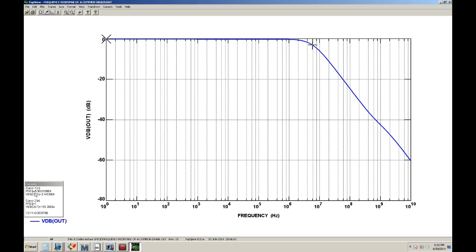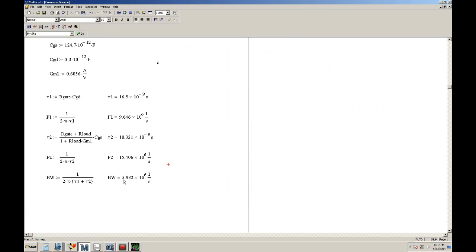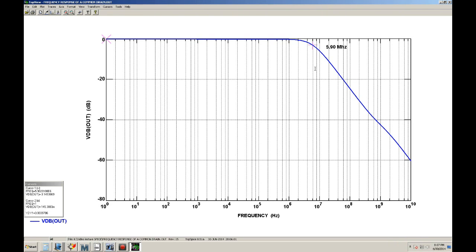And if you look in here, it says 5.90 megahertz. Okay, which should agree, or at least it's very close. The open time constant predicts 5.9 megahertz. SPICE says that it's 5.90 megahertz, which is pretty good agreement.